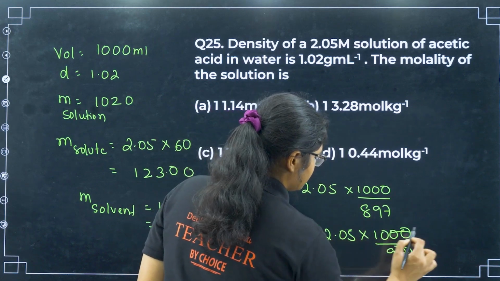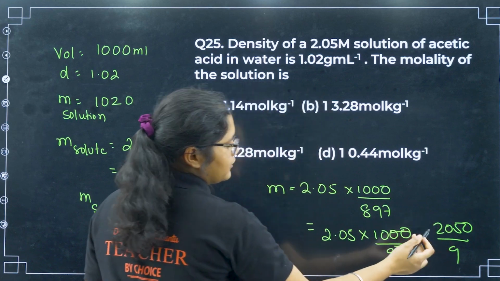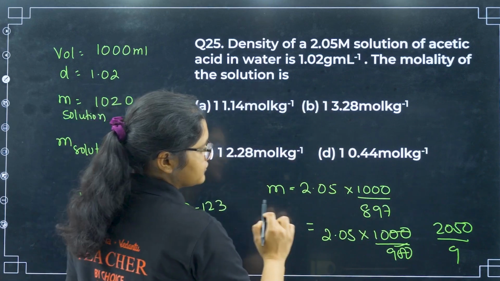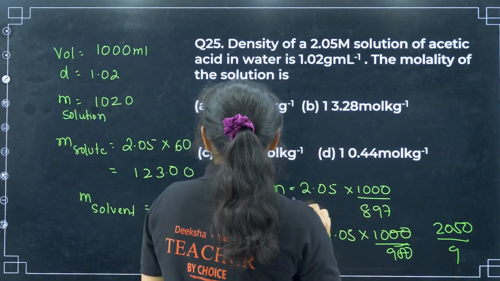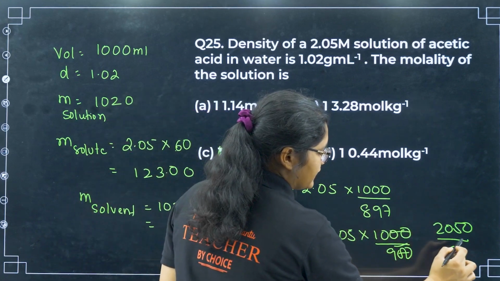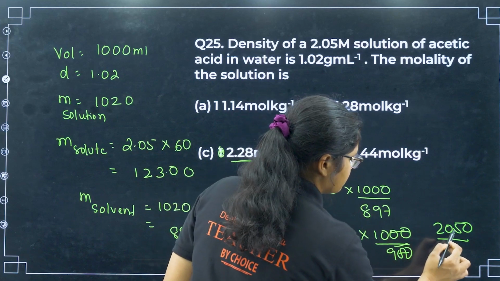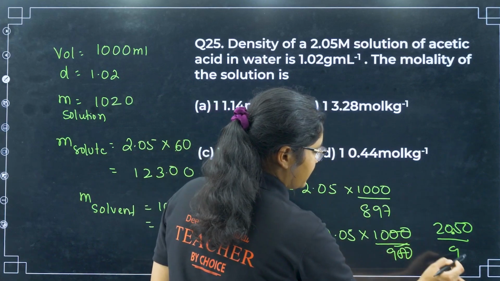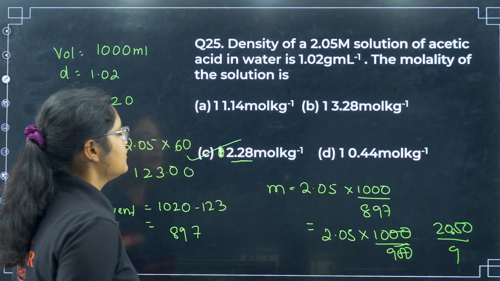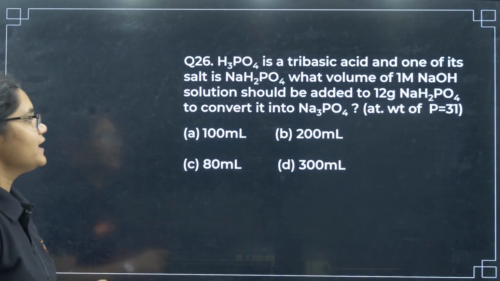So I get 2050 divided by 9. 9 2s are 18, so it is actually 2.28. So that is why option number C here.